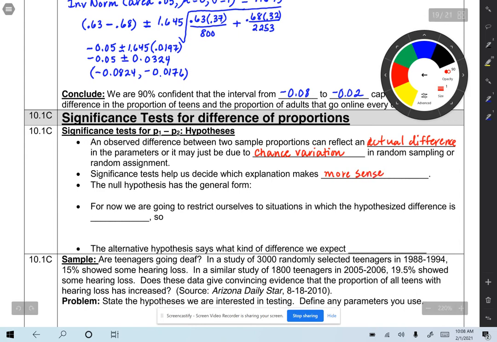The null hypothesis has the general form. So this is what the null hypothesis looks like. The null hypothesis for a difference in the proportions looks something like this: P1 minus P2 equals this hypothesized value, and that value is going to be 0 because you're going to assume that there is no difference.